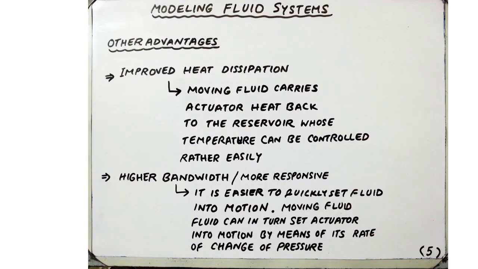Other advantages of fluid system-based actuation include improved heat dissipation, and that's because when a fluid moves inside the system, it eventually in turn moves the actuator, and because the fluid is itself moving, it is carrying the heat from one part to another.